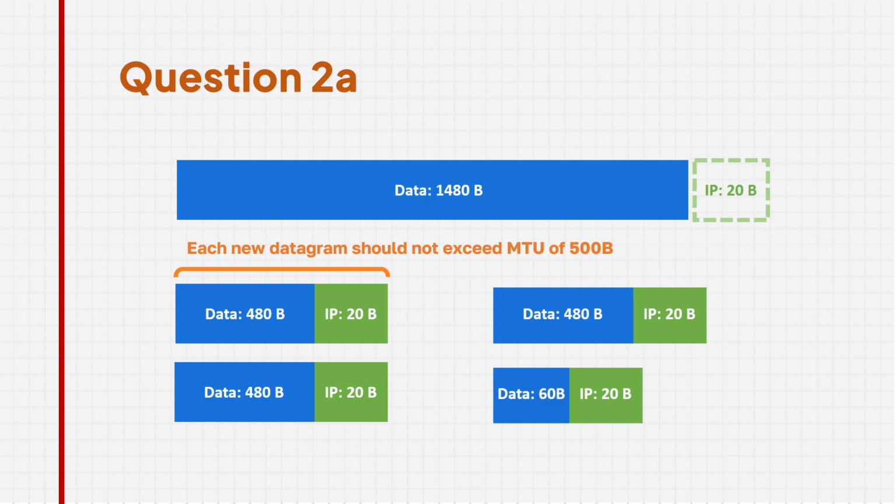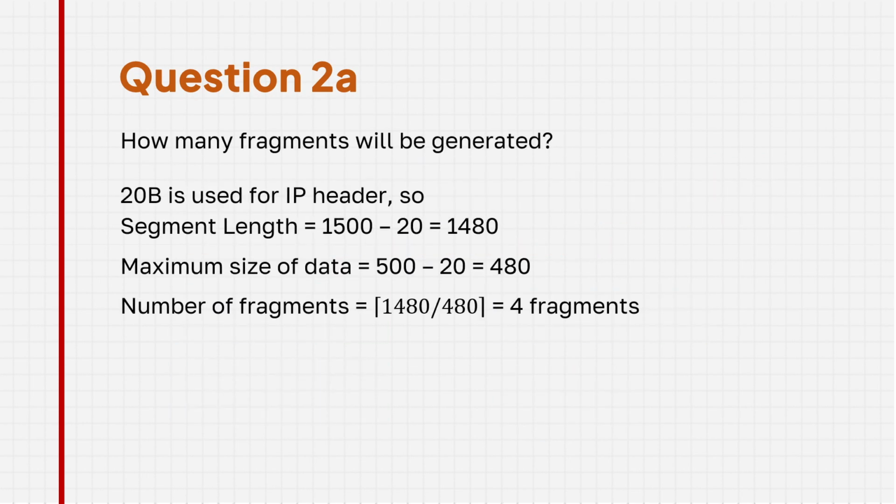Okay? So my goal is, if I fragment it out, once I combine with the IP header in the end, this should not exceed 500 bytes. Hence, the data should not exceed 480 bytes in this case. Since 20 bytes is used for the IP header, the data in your original datagram is only 1480 bytes.